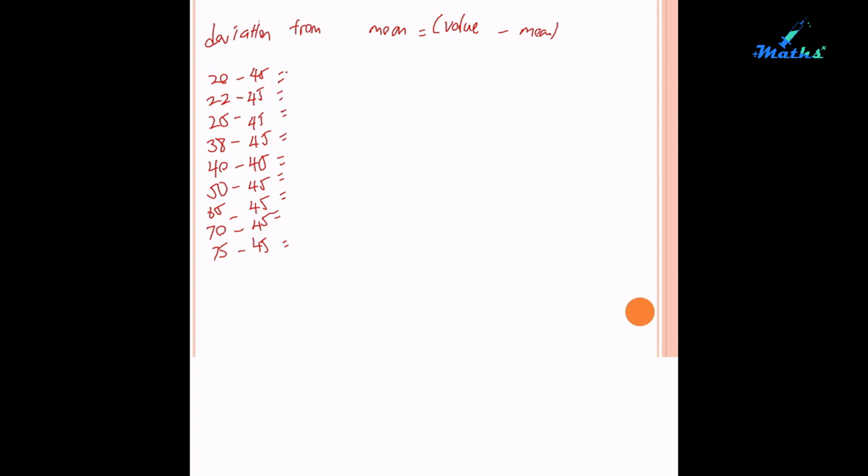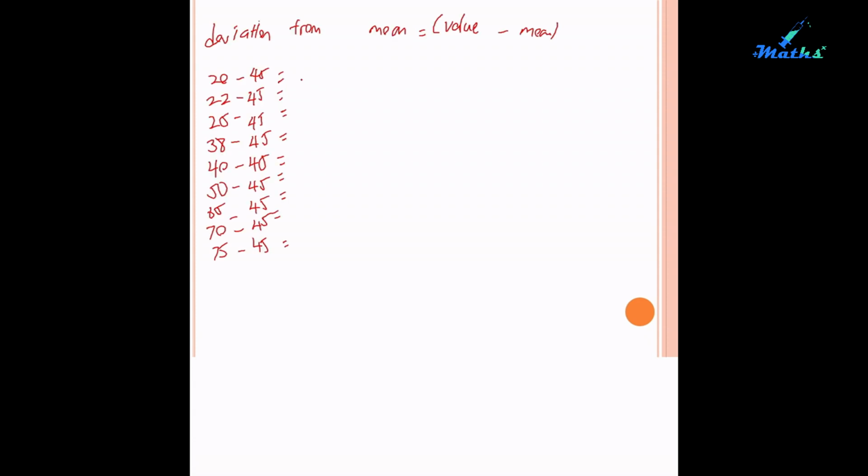So the answer we will get is minus 25, minus 23, minus 20, minus 7, minus 5, 5, 20, 25, and 30. So this is the deviation from mean. And next we would like to find the deviation from median.